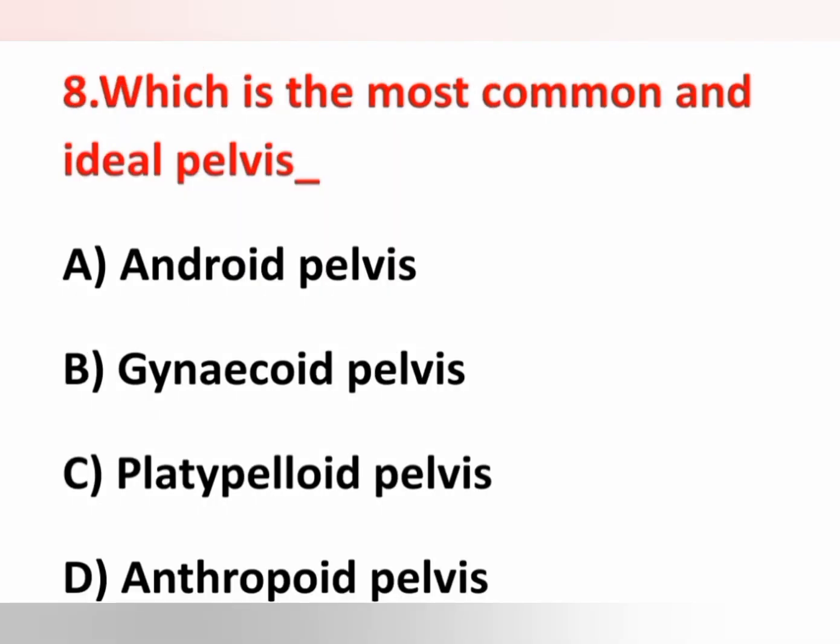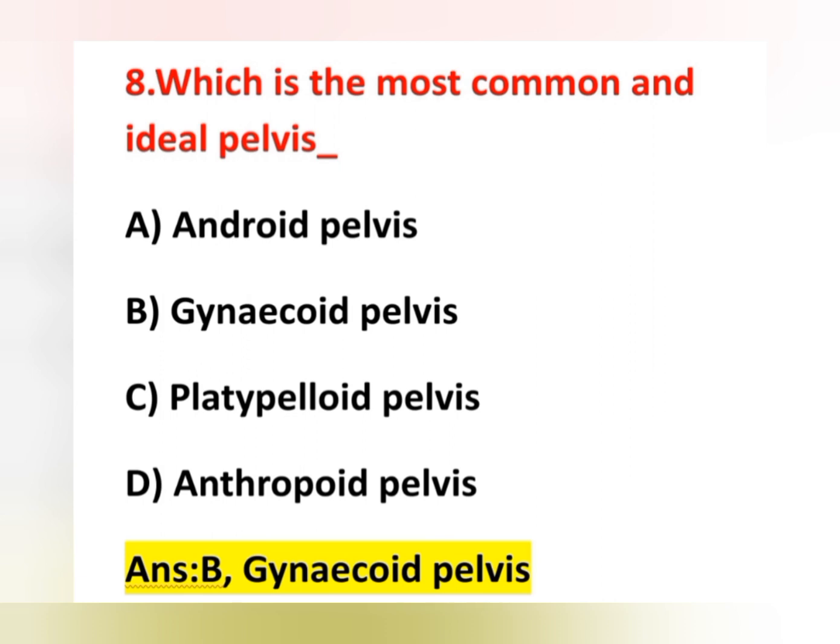Eighth question: which is the most common and ideal pelvis? Options: option A, android pelvis; option B, gynecoid pelvis; option C, platypoid pelvis; option D, anthropoid pelvis. The correct answer is option B, gynecoid pelvis.